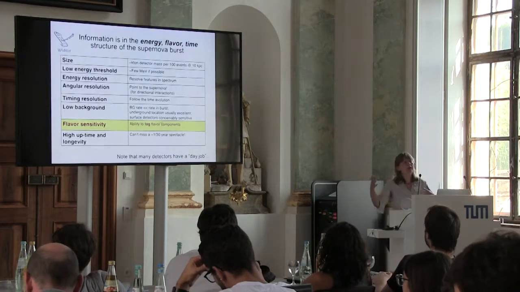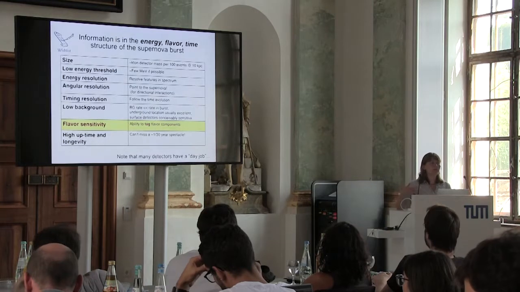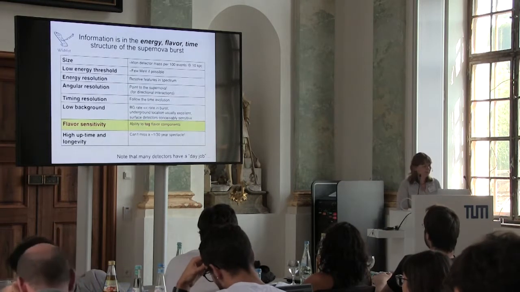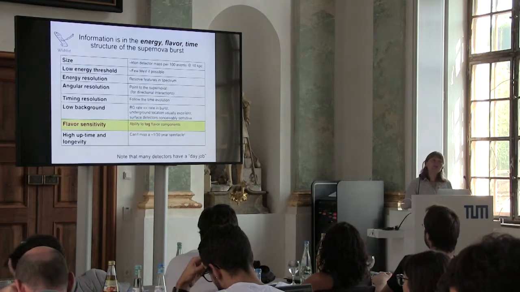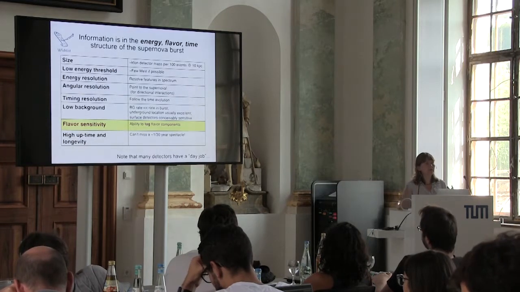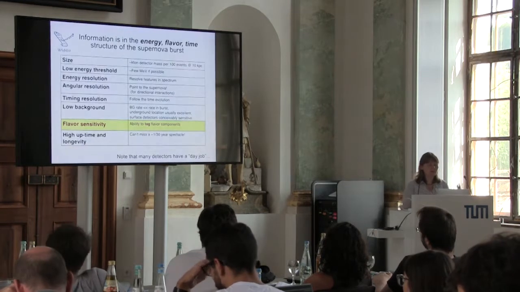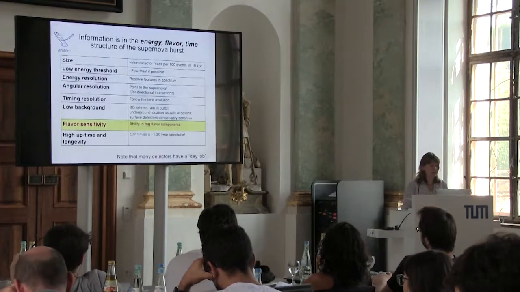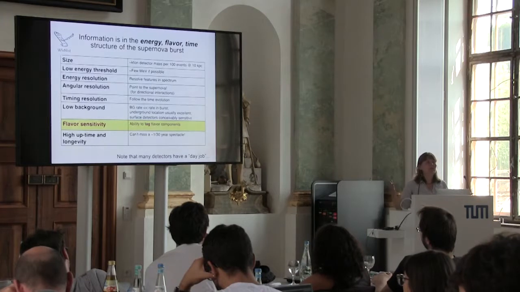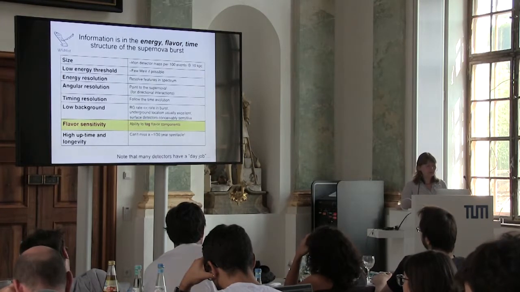And of course, it improves if you get closer by the distance squared, and it gets worse as you go away. You want low energy threshold. You want thresholds of a few MeV or better. Most of the events are going to be around 10-ish MeV or a few tens of MeV. You want energy resolution. You want to be able to measure the spectrum. You want to be able to resolve features in it.